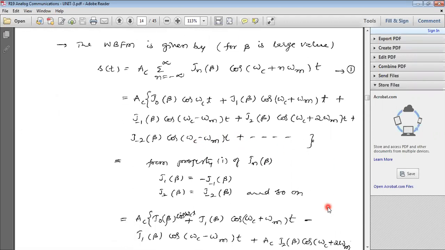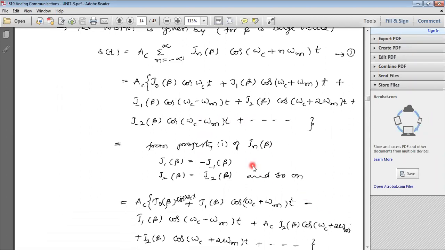Now, according to the properties of the Bessel function, already according to property 1, I told you for odd values of n and for even values of n. For odd values, J minus 1 (beta) becomes minus of J1 (beta), and for even values, J minus 2 (beta) becomes J2 (beta).